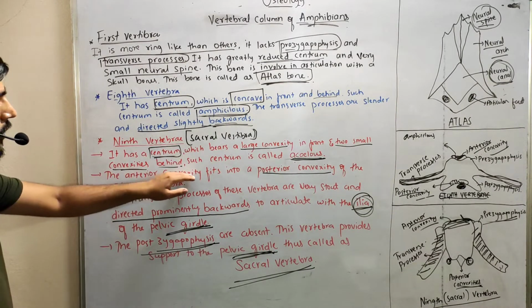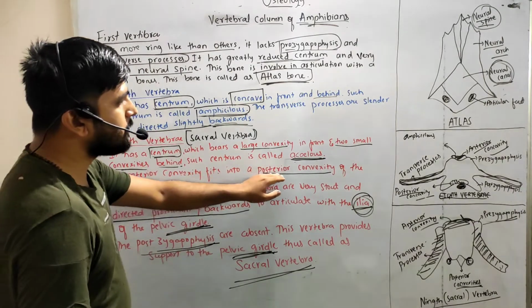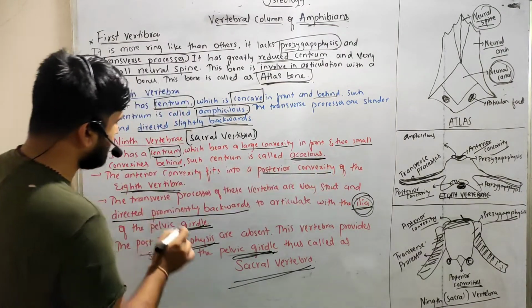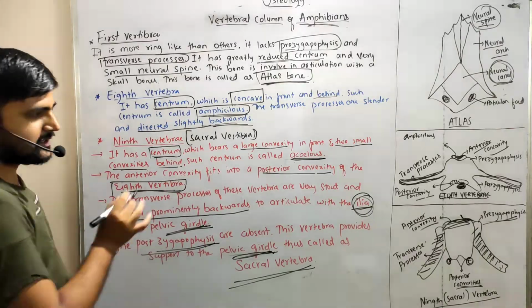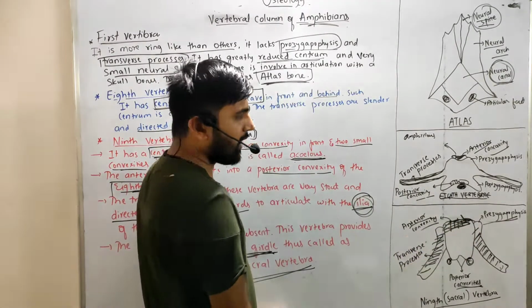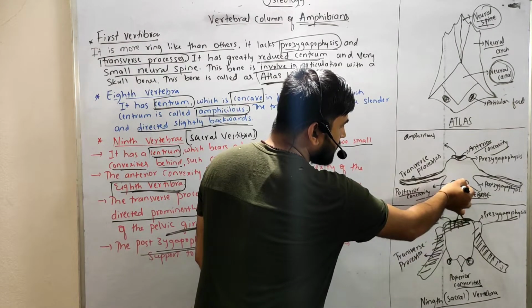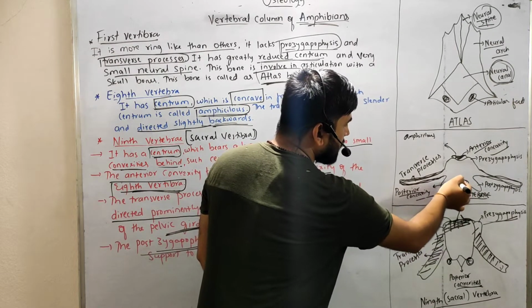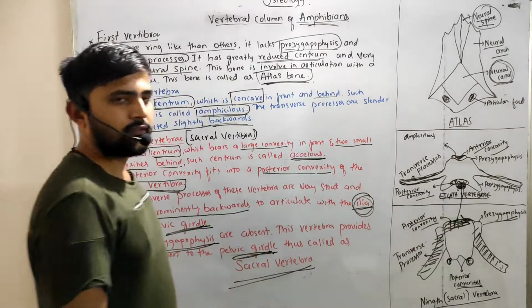The anterior convexity fits into the posterior convexity of the eighth vertebra. See here, this anterior convexity of the ninth vertebra articulates with the posterior convexity of the eighth vertebra.